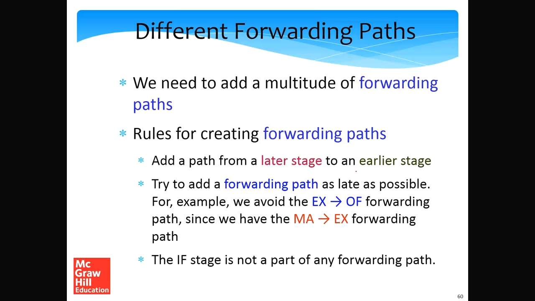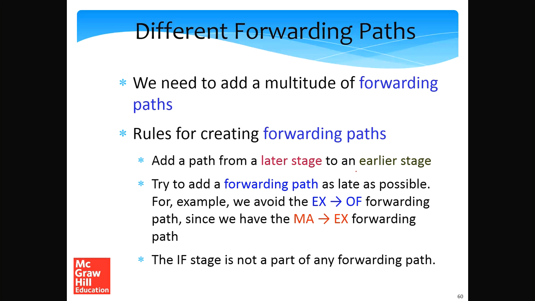We try to add a forwarding path as late as possible, which means that we will not have a forwarding path of the form EX to OF, right? That is not required. Instead, we'll have a forwarding path between MA to EX. Why is this the case? The reason is that no instruction actually needs the value in the OF stage.